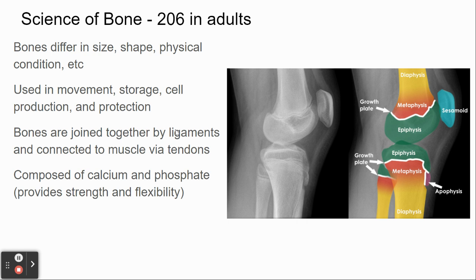The chemical makeup of our bones is going to be calcium and phosphate. Calcium phosphate's a common compound that you'll find. Or the calcium, rather, is going to be what provides a lot of the strength, the firmness in our bone, which ends up obviously being very important to provide that support, protection.